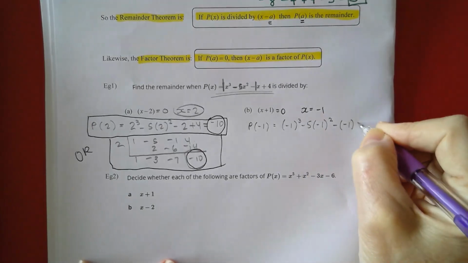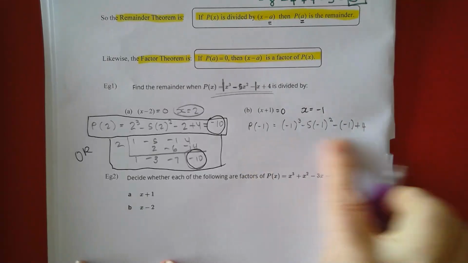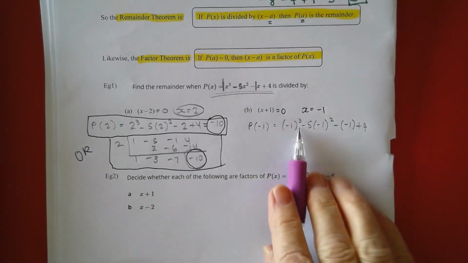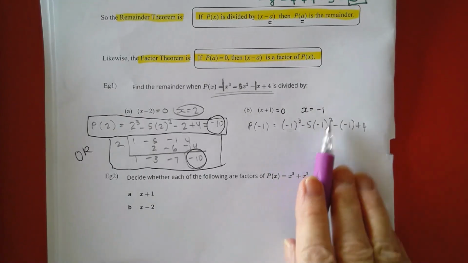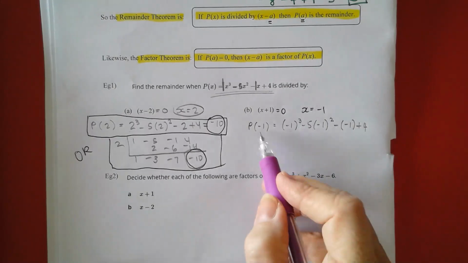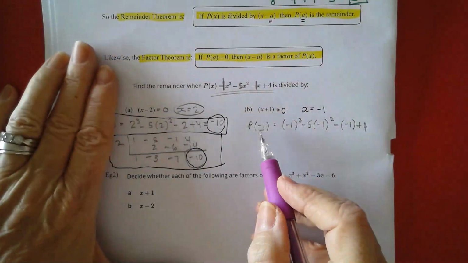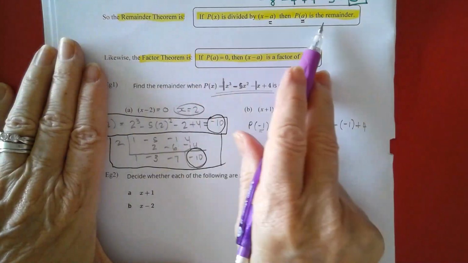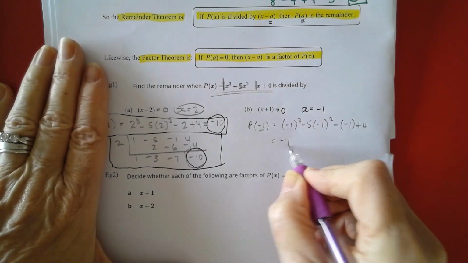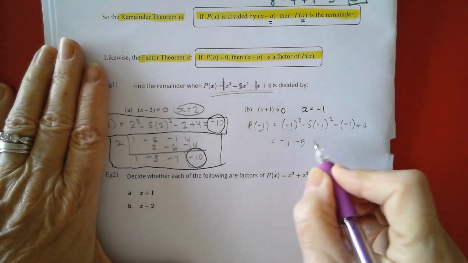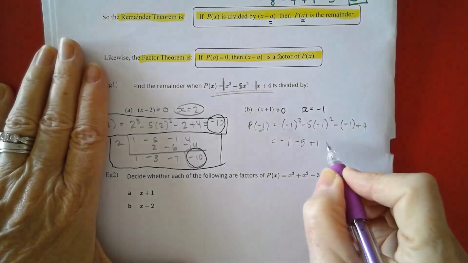Now, if you have a negative there, you have to bracket everything, because if you're raising to an odd power, this stays negative, and if you're raising to an even power, it becomes positive. Remember, I picked that because I know that it gives me the remainder. So that is negative 1 minus 5 plus 1 plus 4.